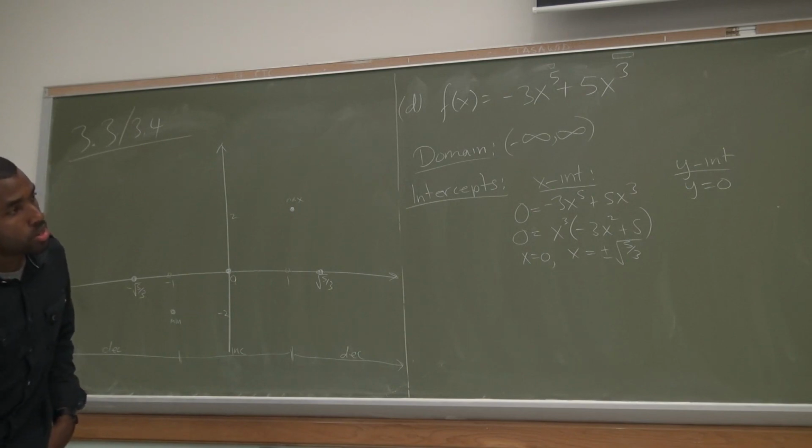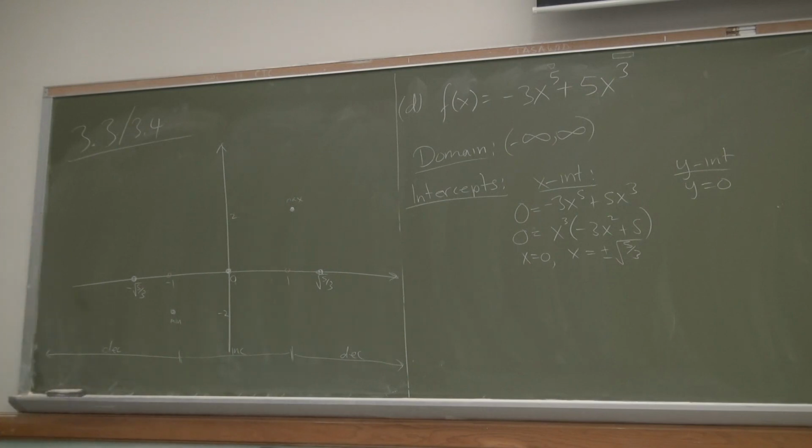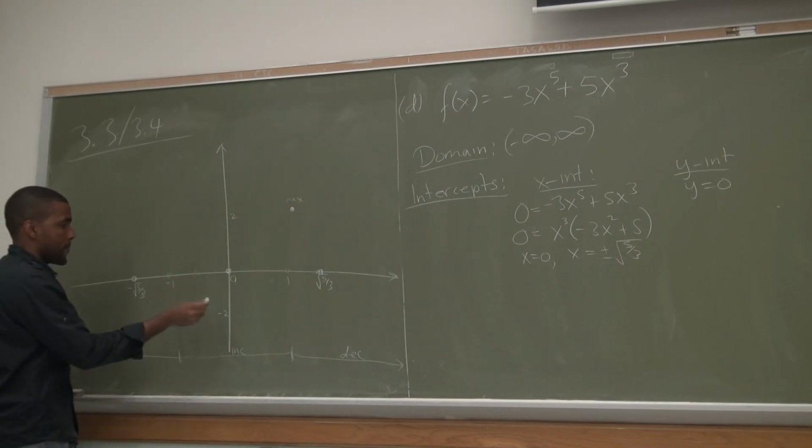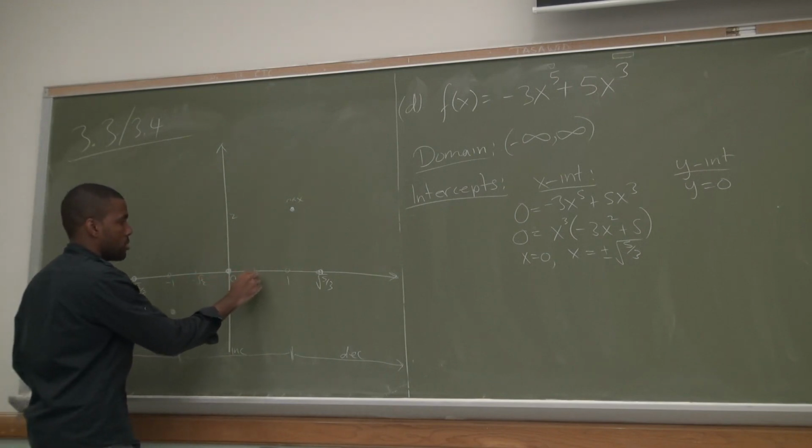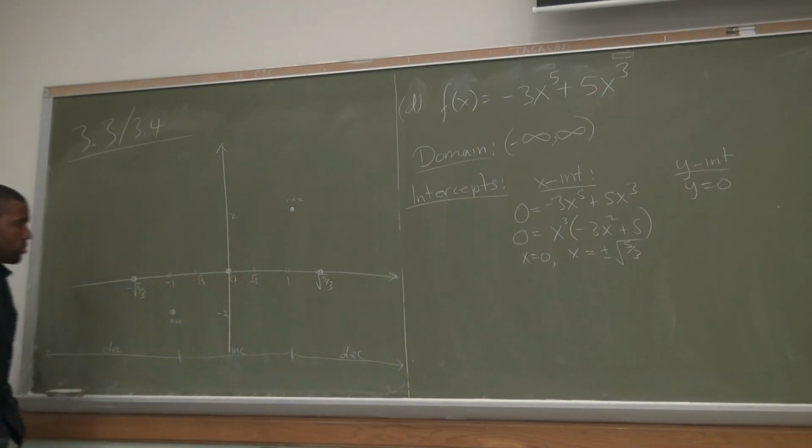Now we look at the second derivative. We throw in some more points, which is what? Positive and negative radical 1 over 2: -1 over radical 2, positive 1 over radical 2. We'll figure out where the y values are later. So where is the concavity?